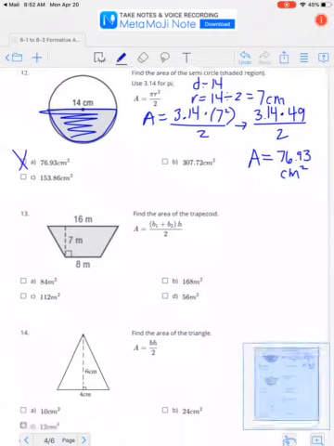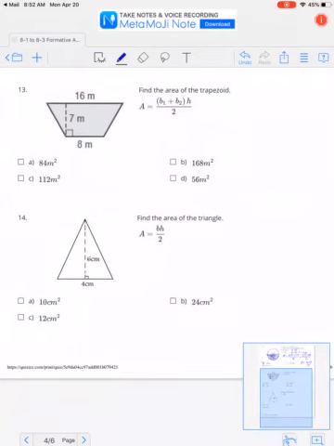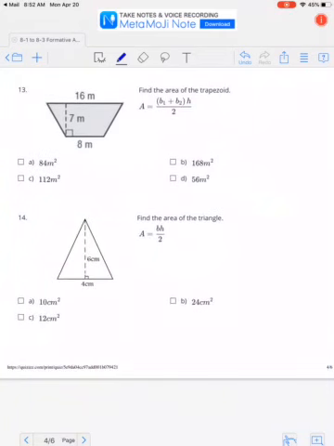Okay, so number 13. We have to find the area of the trapezoid. So remember, our area of a trapezoid is base 1 plus base 2, all of that times your height, and then divided by 2. So we have our base 1 and our base 2, and then we have our height.